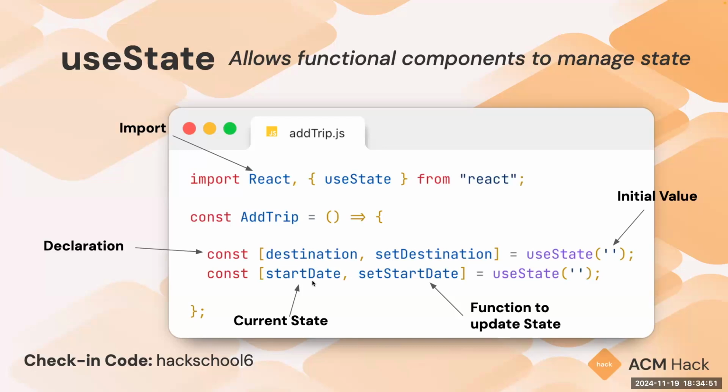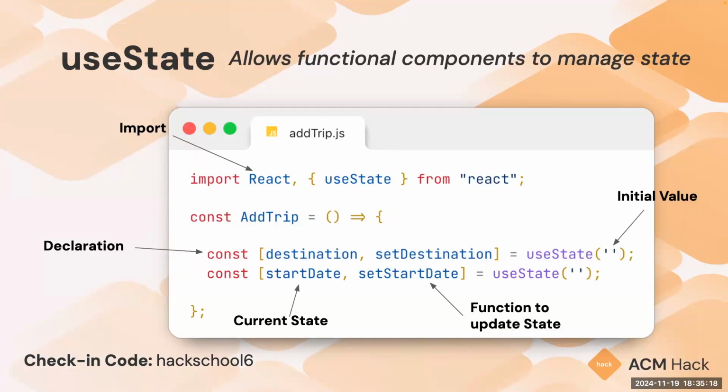So when you're setting the start date, you can imagine this being used, right? For example, I'm a user using our website and I'm trying to fill out our form, and I'm setting the destination, I'm setting the start date. Now using useState, we're able to update these variables from their initial value of this blank string.